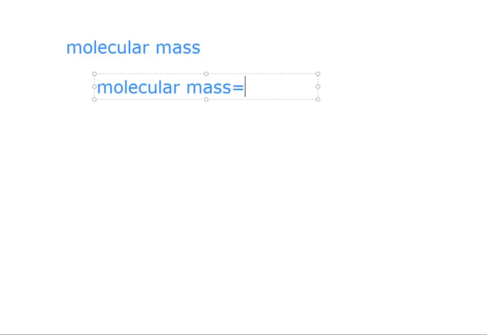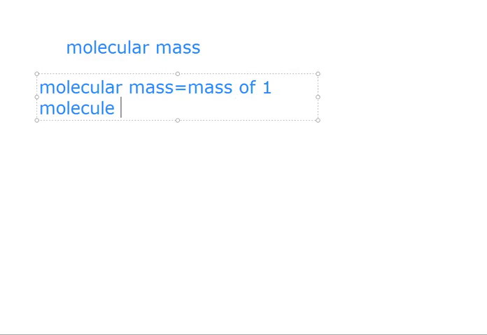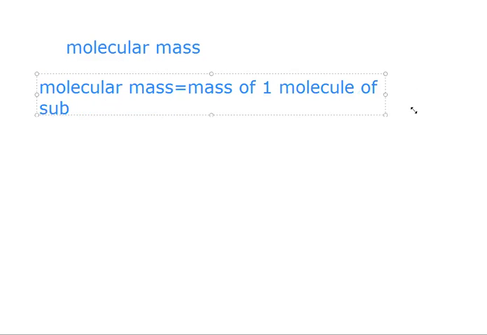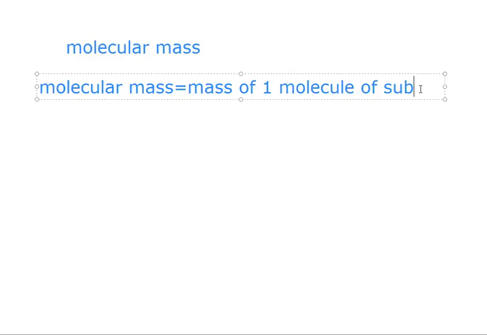So the first formula for molecular mass is the mass of one molecule of substance, and below we write 1/12.